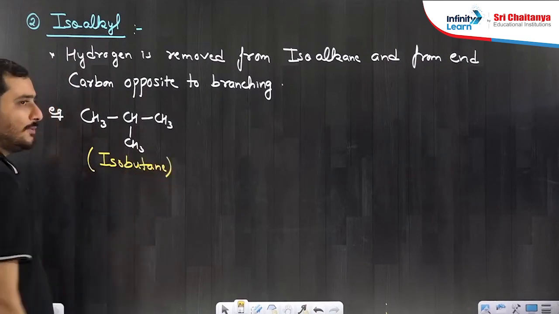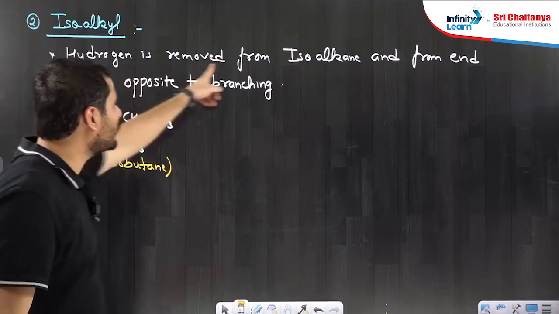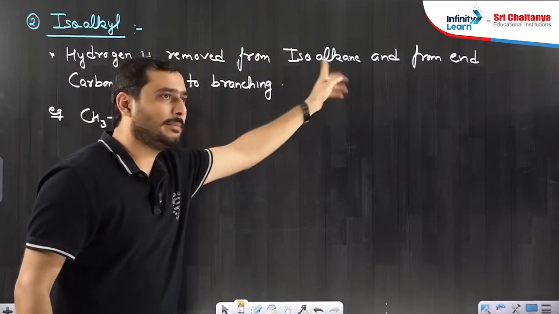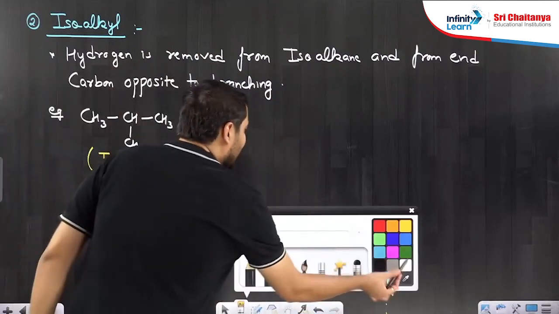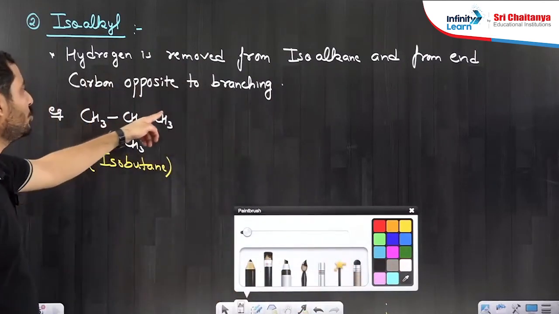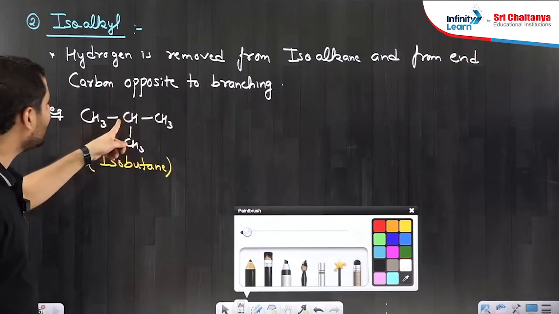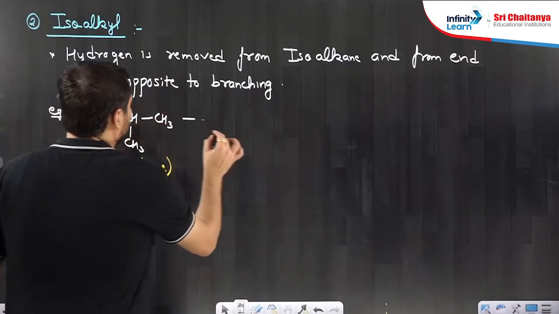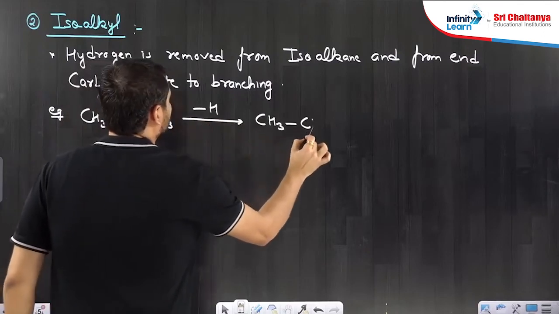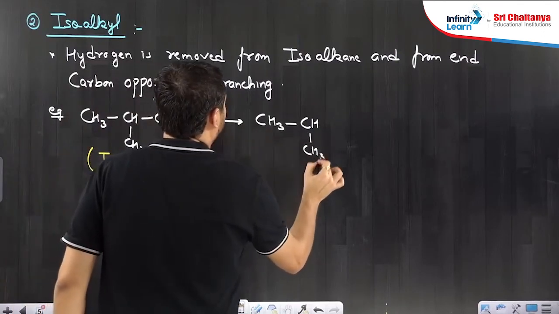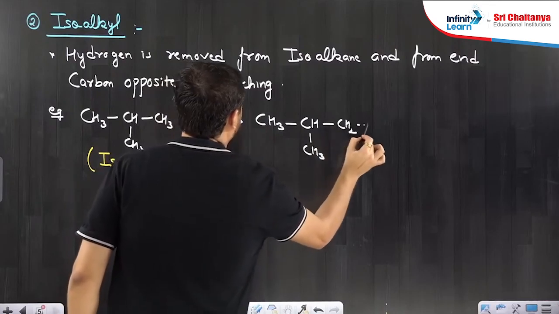Because we are writing the common name, we take isobutane. For isoalkyl, we have to remove hydrogen from isoalkane. So we have taken isobutane. Now from which end are we doing numbering? 1, 2, 3. Second position methyl. Then remove hydrogen from the opposite end. If we remove one hydrogen, what do we get? CH3, CH, CH3, and from this end, CH2.